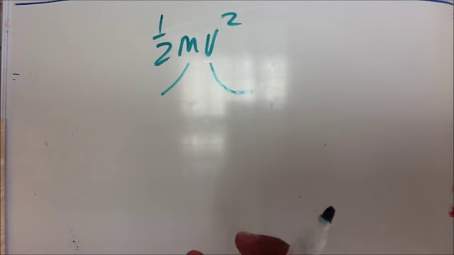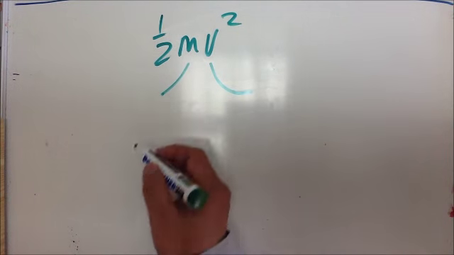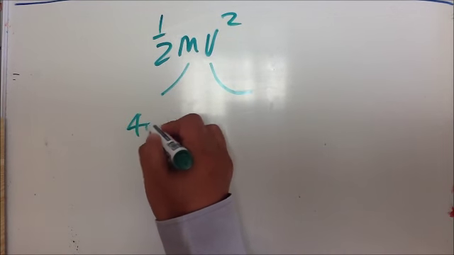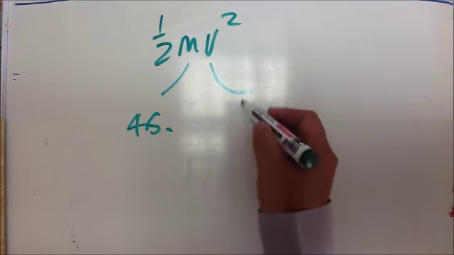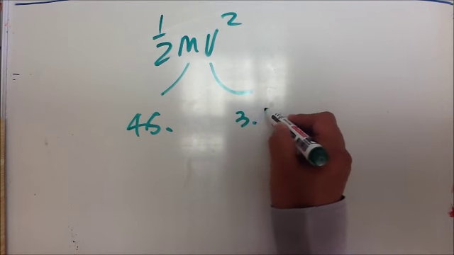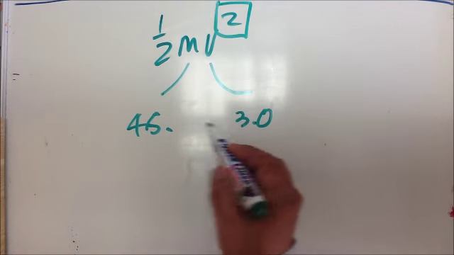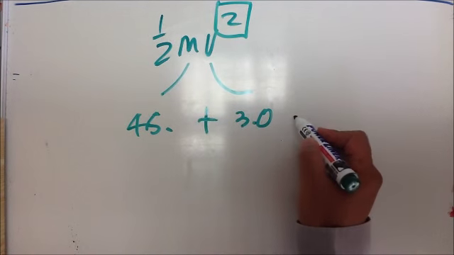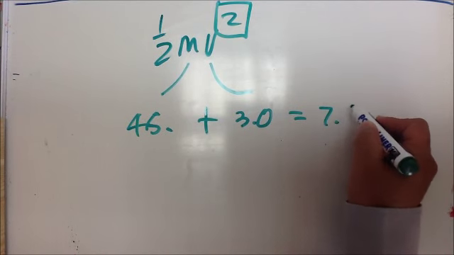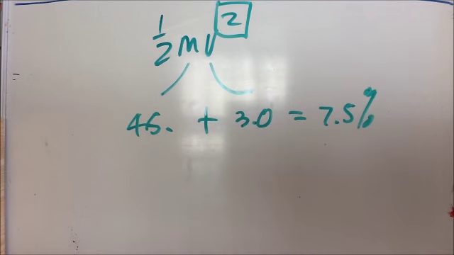When we have two quantities that are multiplied by each other, we actually add the uncertainties. So let's say that was an uncertainty of 4.5 and let's say this was an uncertainty of 3.0. Let's just for now ignore the squared. These two would therefore be added together to give a total uncertainty of 7.5%.